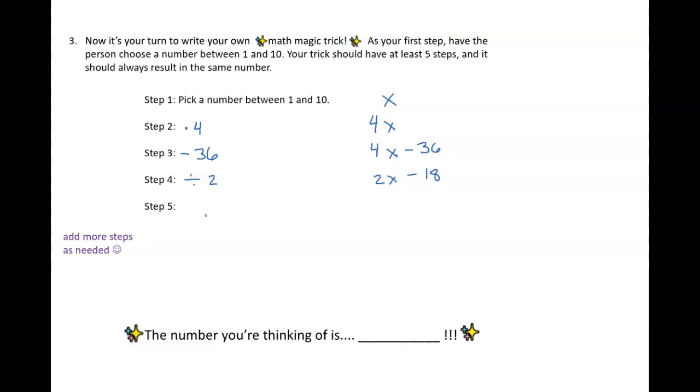And now let's see, maybe let's multiply by 3. I get 6x minus, what is 18 times 3? 54, minus 54.